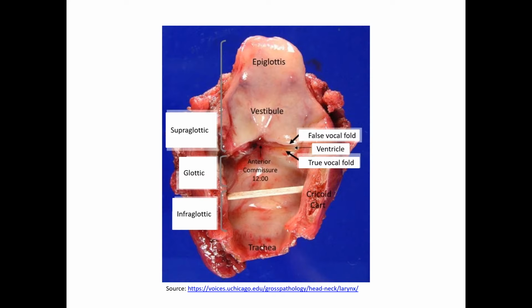And you have to remember that up until the false vocal cord, it's a respiratory pseudostratified epithelium that's coming down. Once you hit the ventricle and come around toward the true vocal cord, it turns into more of a squamous mucosa. But then once we come back down toward the trachea, into the infraglottic region, it becomes again respiratory type mucosa.